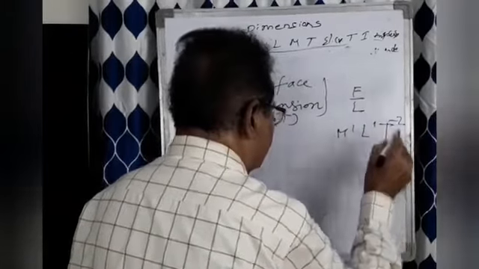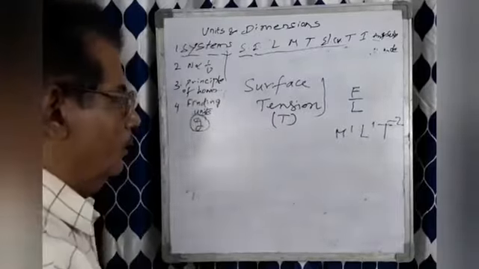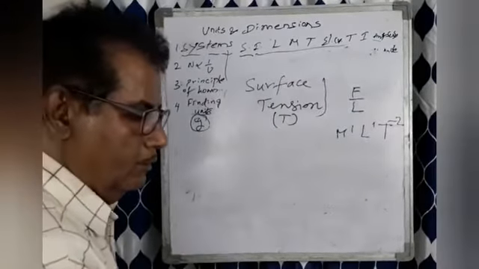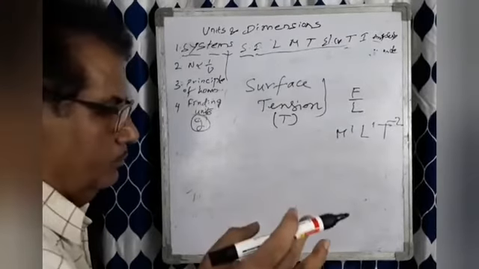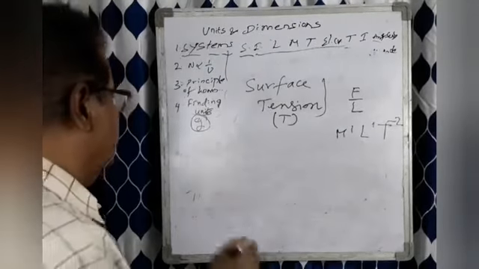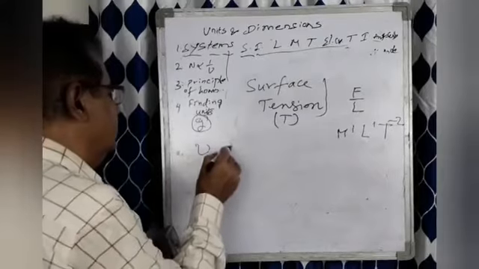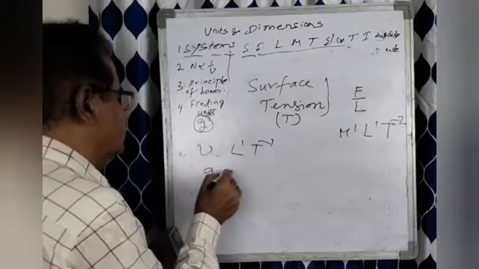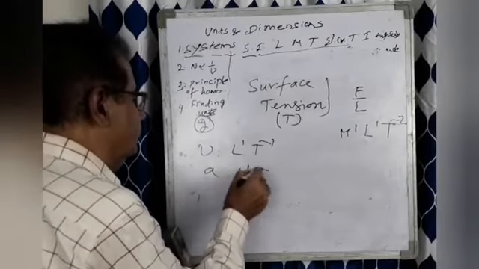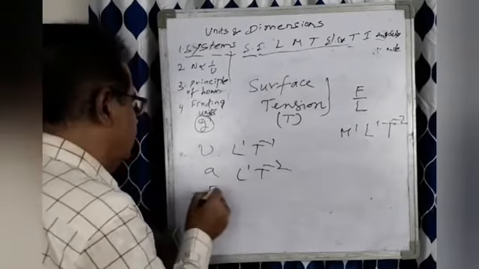You should not forget the units or the dimensions of velocity, acceleration, force, work, power. These you must remember. What is the dimensional formula of velocity? L power 1 T power minus 1. What about acceleration? L power 1 T power minus 2. What about force?